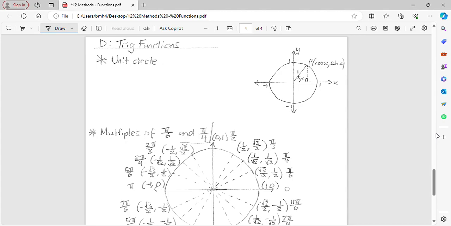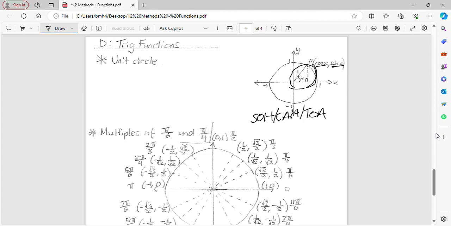And so we get these coordinates here basically by saying, if you remember from year 10, we've got SOHCAHTOA. If you used this to memorize sine, cos and tan, so if we take out this triangle here, we can see that the hypotenuse is 1, it's a right angled triangle.